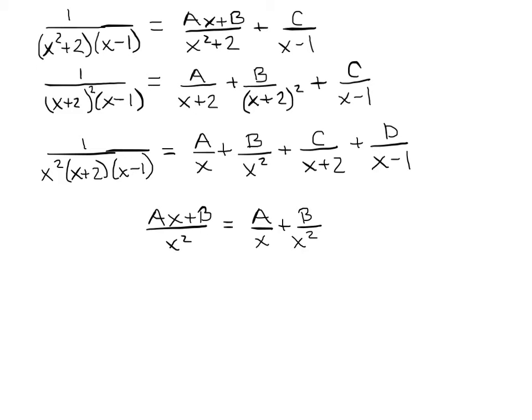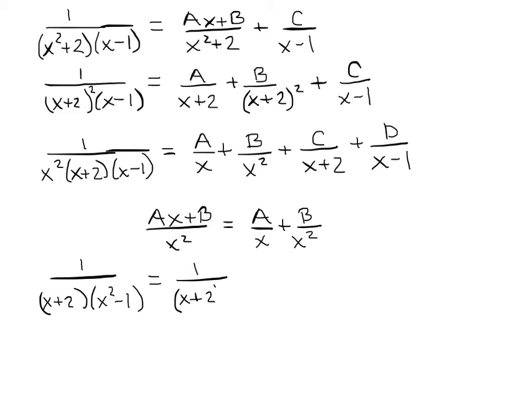And one other tricky thing that can happen is, let's say that we've got 1 over x plus 2 times x squared minus 1. Now this one, I'm sort of tricking you here because it looks like it's a degree 2, but it's really not because it's not yet completely factored.